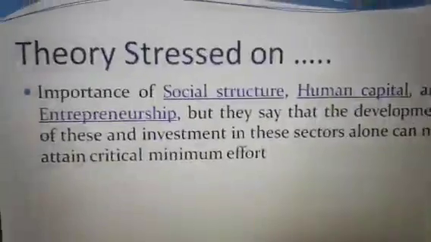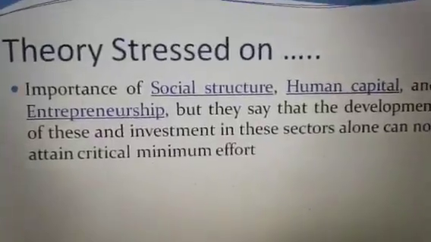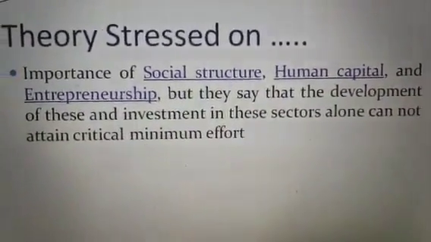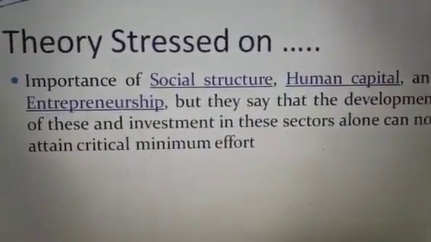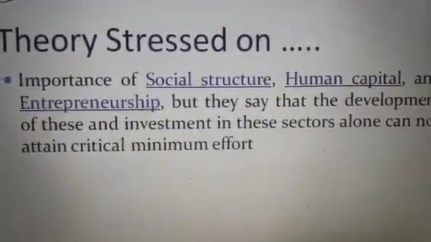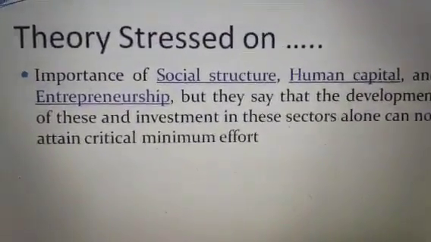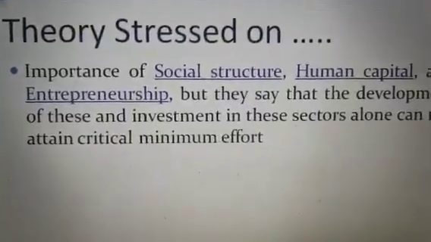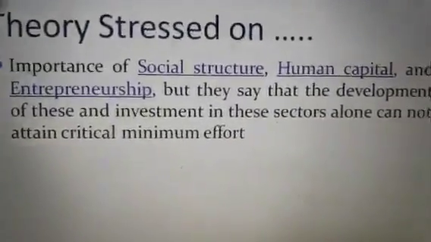Both said this, and thus this theory stressed the importance of social structure, human capital, and entrepreneurship. This trio is very important in today's Indian economy also. We have to give importance to social structure, human capital, and entrepreneurship.